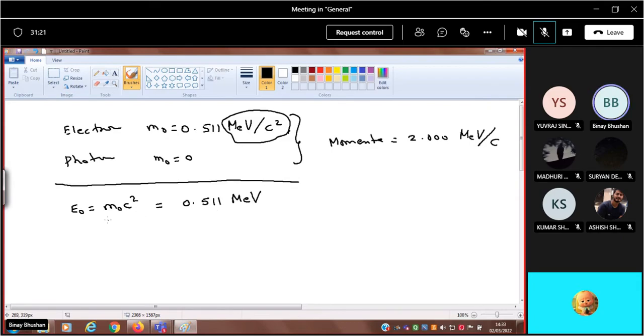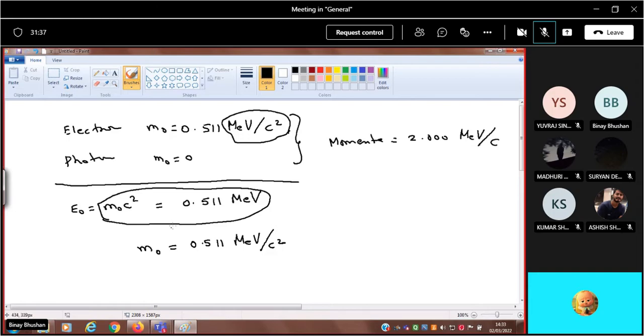This is for electron. So from here, what can I write? The rest mass energy of an electron is 0.511 mega electron volt, so m naught c square is equal to 0.511 mega electron volt.